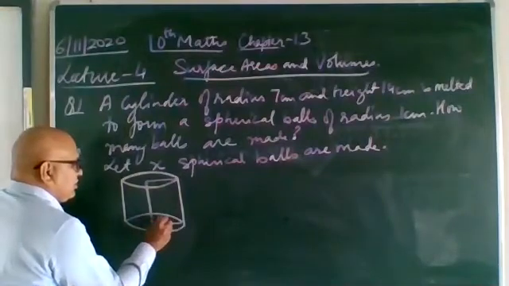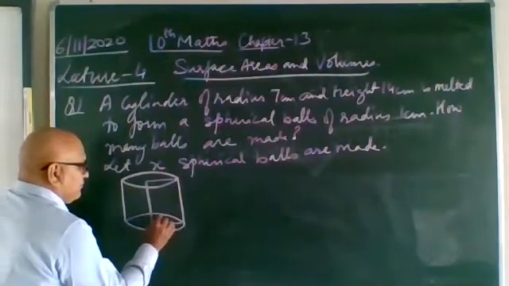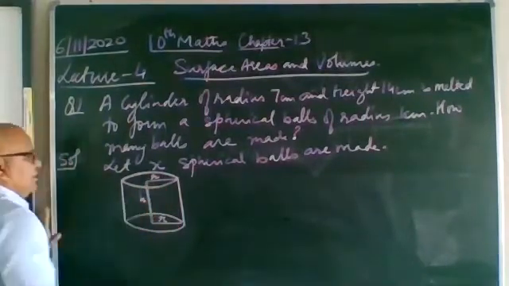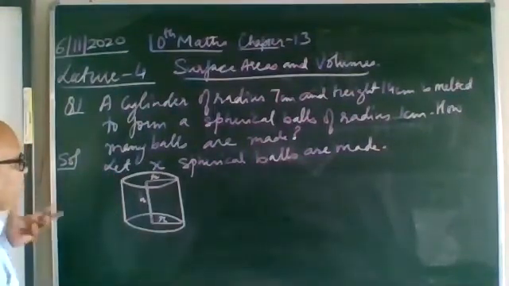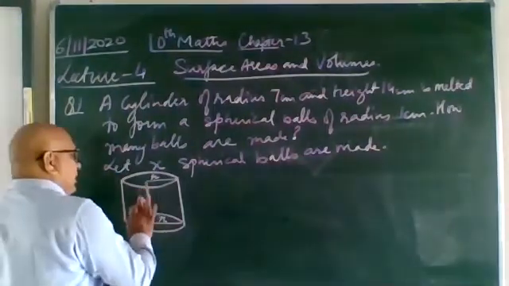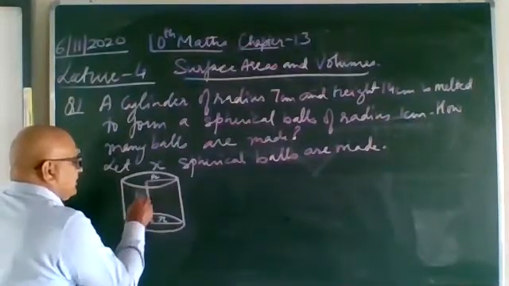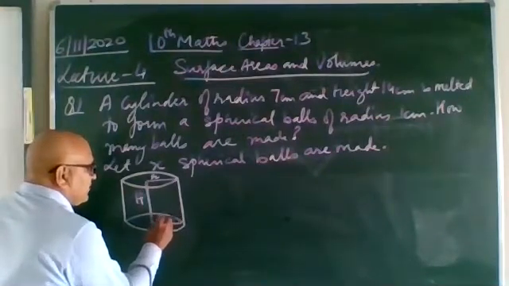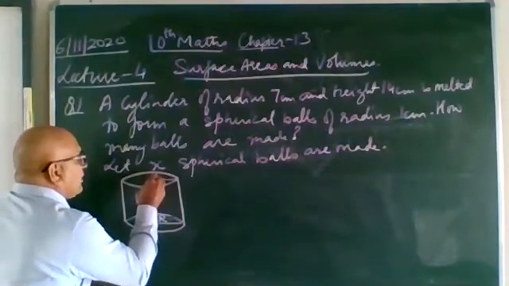Now radius R, this is R. This is H. Now when we take representation, because this is melted, you can take capital H and capital R.